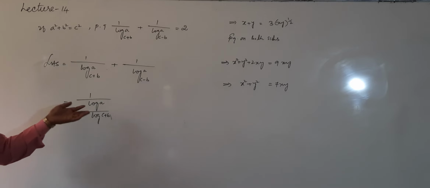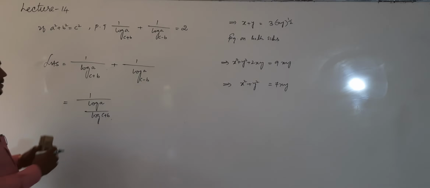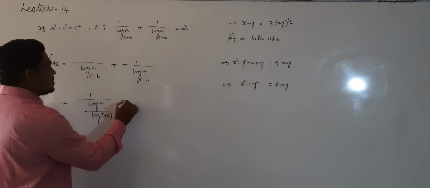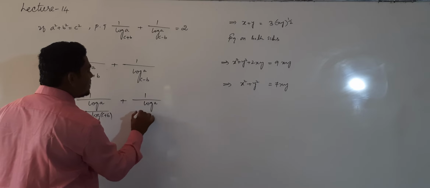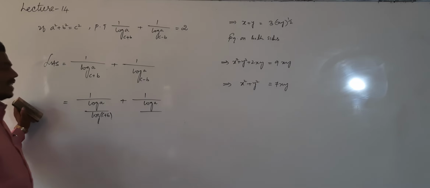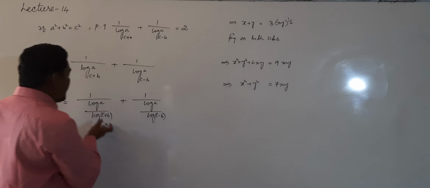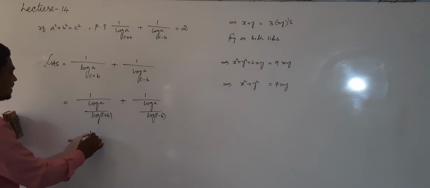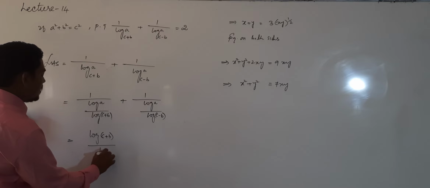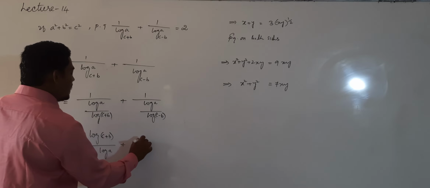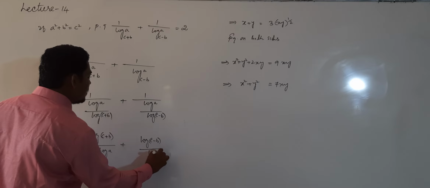If no base is written, it means the same base. Plus 1 divided by, for this again use the change of base theorem, the fourth property, log a divided by log (c minus b). Now the denominator of the denominator comes to the numerator, so it will be log (c plus b) divided by log a plus log (c minus b) divided by log a.